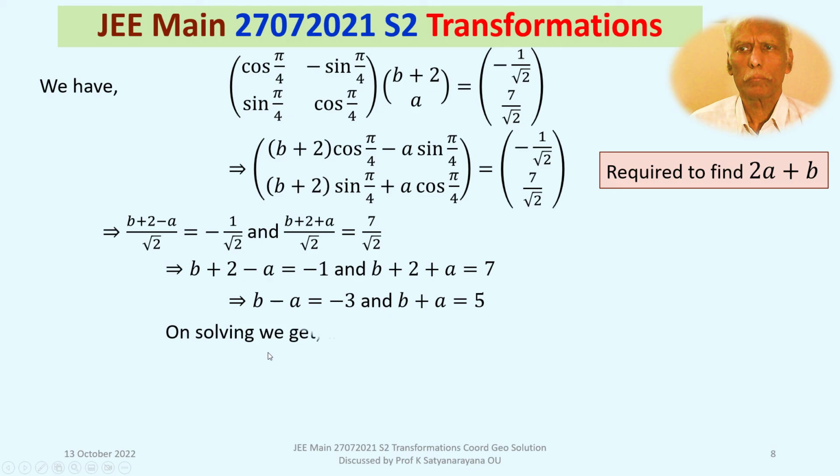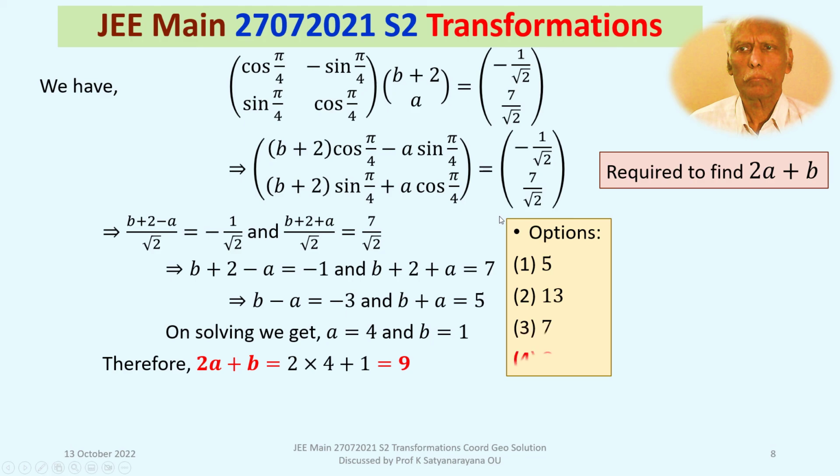On solving, we get a is equal to 4 and b is equal to 1, and therefore 2a + b, that is what is required to find, is 2 into 4 plus 1, that is 9. Let's look at our options. Our answer 9 appears against option 4, therefore our answer is option 4.